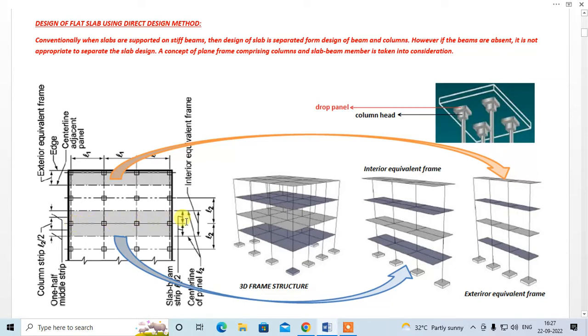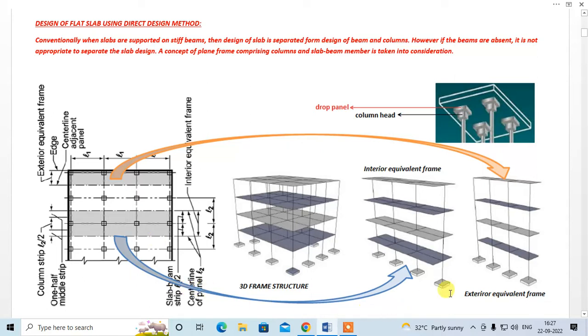This is your interior equivalent frame. This is again your interior equivalent frame. This is your exterior equivalent frame, and so on, right? So similarly, you have to divide in this direction into a number of series of frames, and in this direction also you have to divide into a number of series of equivalent frames, right?